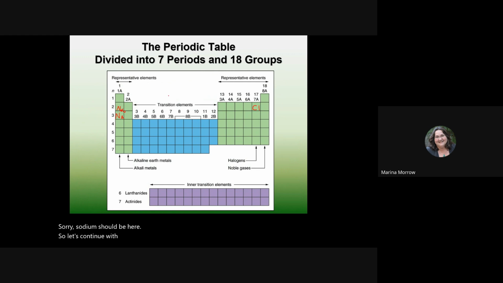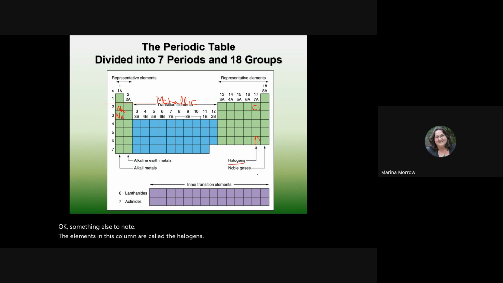And the elements in the middle are usually metallic. So that's where we're going to find our gold and our silver. And they, of course, will usually have metallic bonds. Okay, something else to note, the elements in this column are called the halogens.